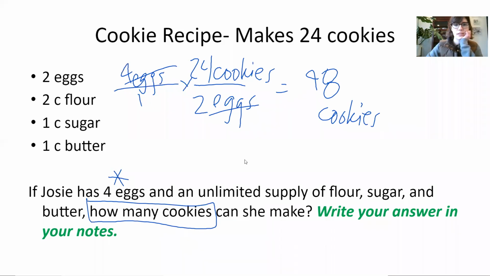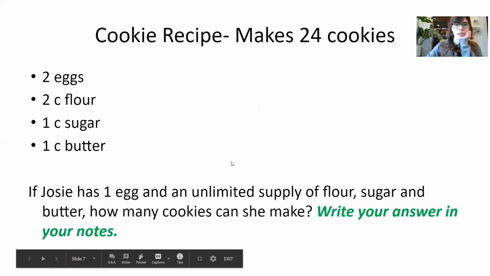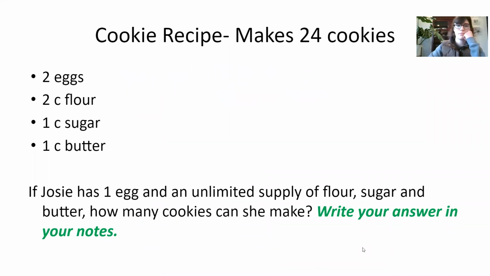What's next? If Josie has 1 egg, how many cookies can she make? Okay, I got 1 for 12. Cool. So this is going to look like 1 egg, and we're going to star what we're given, and we are going to box what we need.